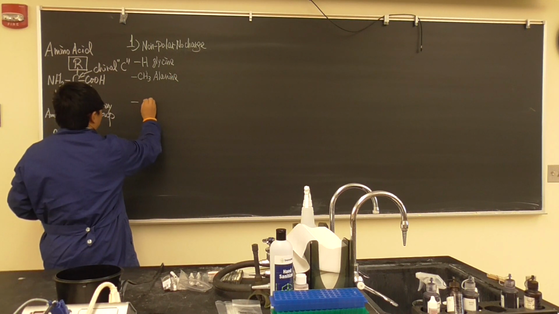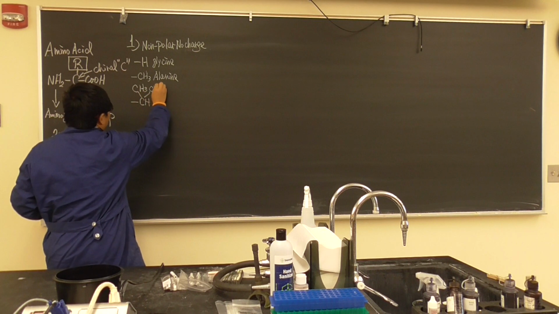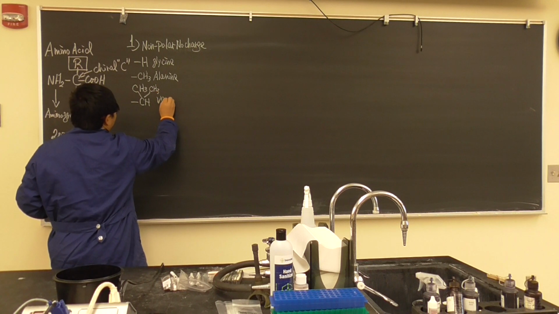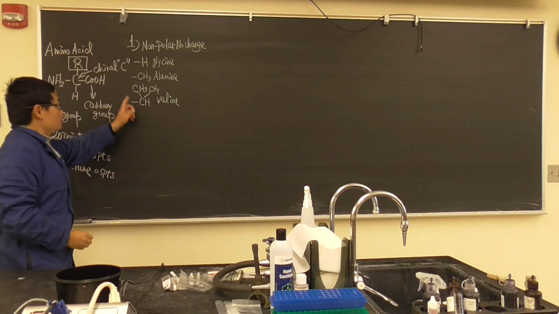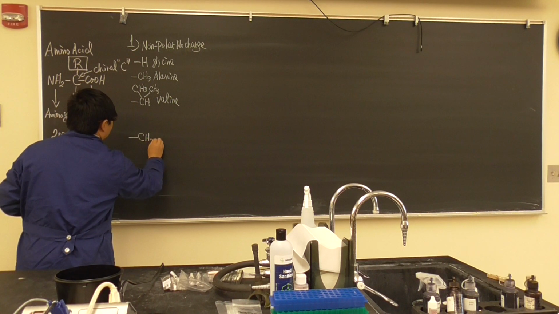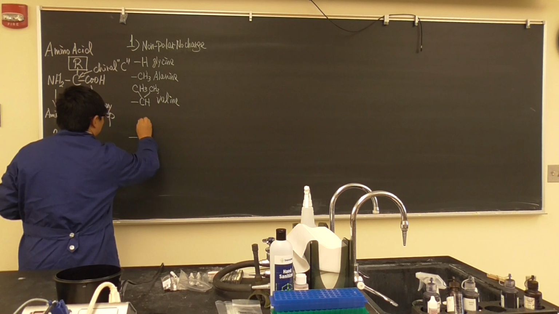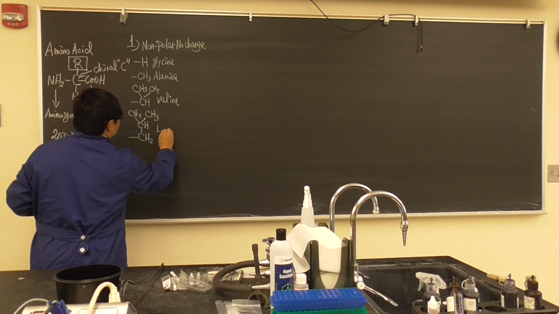Then we go a little bit more complicated. CH3, valine. Then we go up. CH2, CH3, CH3, that is leucine.